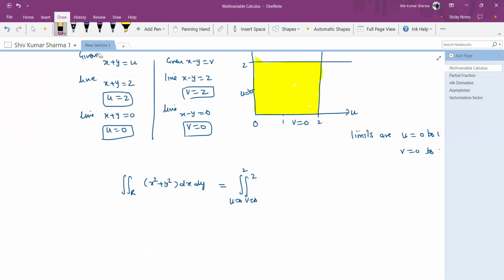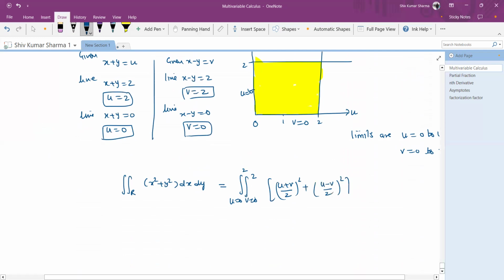So we write u plus v upon 2 to the whole square plus u minus v upon 2 to the whole square, and dx dy we convert using the Jacobian into du dv. Simplifying, 4 is taken in common, giving u square plus v square plus 2uv plus u square plus v square minus 2uv.